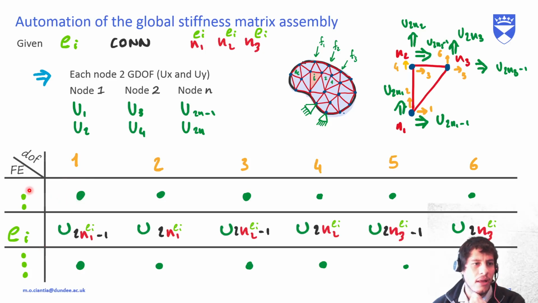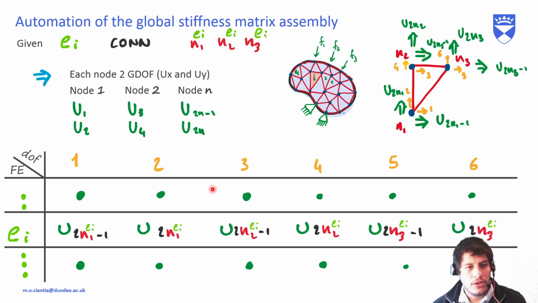Okay, there are many elements. Let's just look at element Ei. Okay, and we see that we put the degrees of freedom of the element 1, 2, 3, 4, 5, 6, and then of Ei, just as we did here. We see that we have U2N1 of element i minus 1, U2N1 of element i, and there's 1, 2, 3, 4, 5, 6, just as in the figure above.